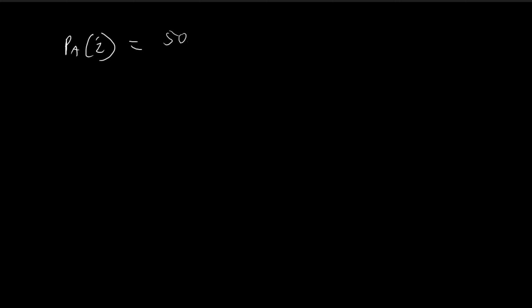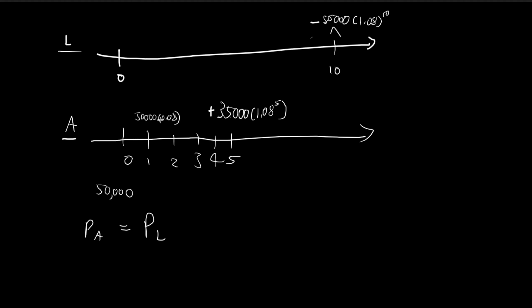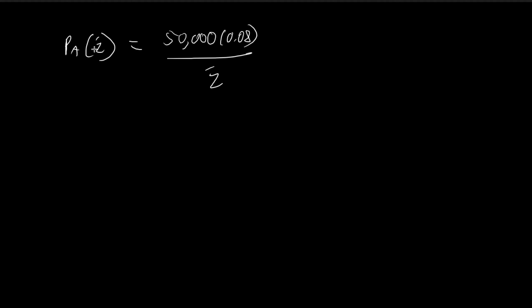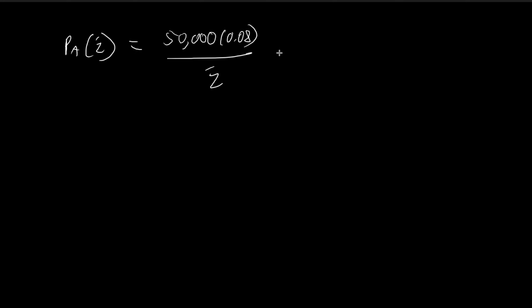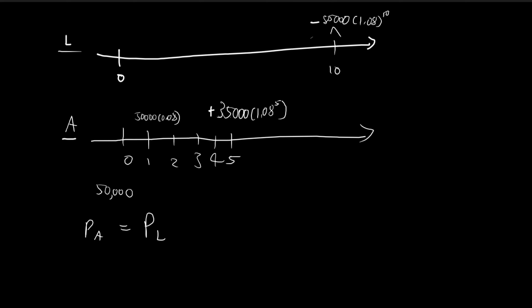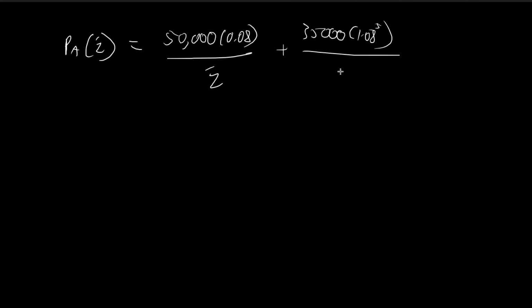So essentially we have a perpetuity. If the interest rate doesn't change, if it stays at 0.08, then it's perfectly fine. Then the present value is, of course, what we invested inside. It's just $50,000. But if the interest rate changes, then we will have to use this formula. And then at time 5, we're also going to receive this amount of money, divided by 1 plus I to the power of 5.